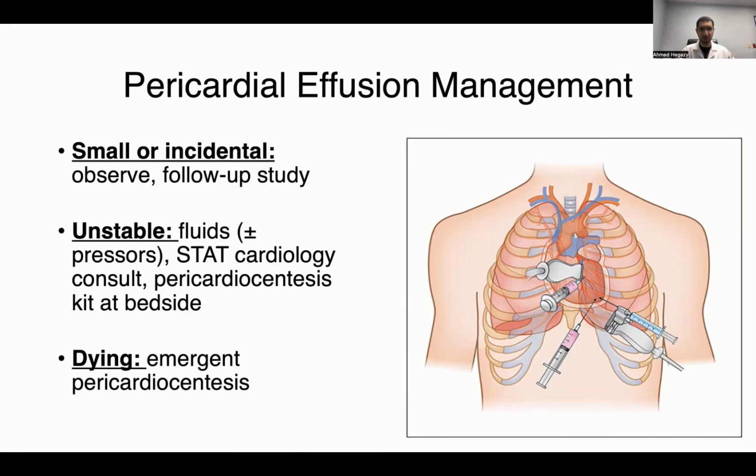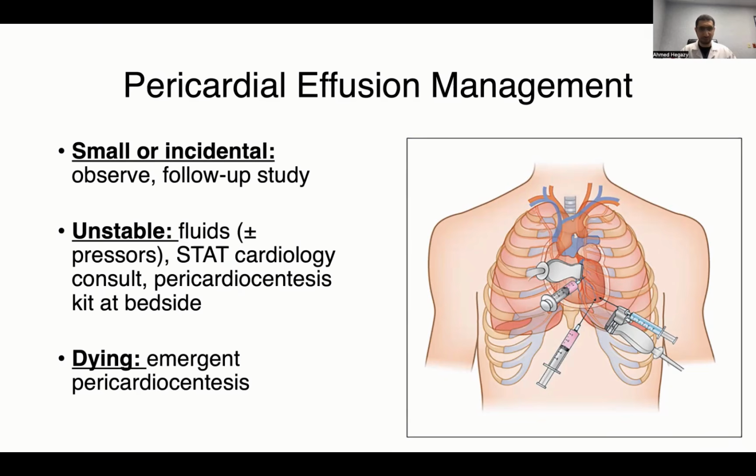Call the cardiologist for a stat pericardiocentesis. And as you're waiting for them to arrive, you should have the pericardiocentesis kit at the bedside, just in case this patient collapses. If the patient collapses, it will need to be done emergently. The pericardiocentesis kit needs to be ready right then and there as you're waiting for cardiology to arrive.